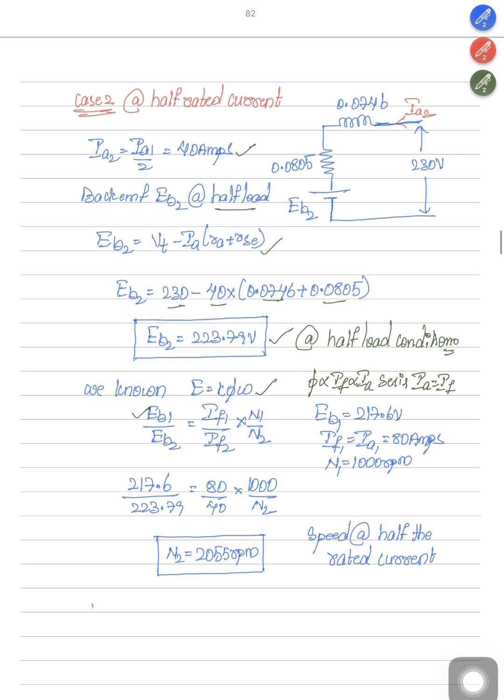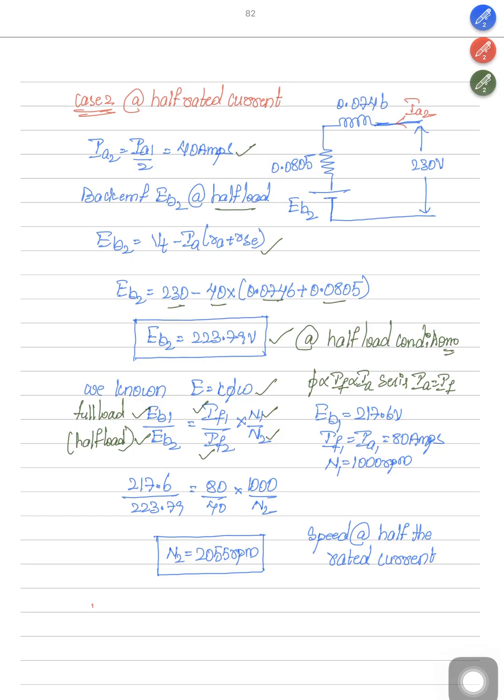Eb1 is the back EMF of the motor operating at full load condition. Eb2 is the back EMF of the motor operating at half load condition. If1 is the field current under full load condition. If2 is the field current under half load condition. N1 is the speed of the motor at full load. N2 is the speed of the motor at half load condition.